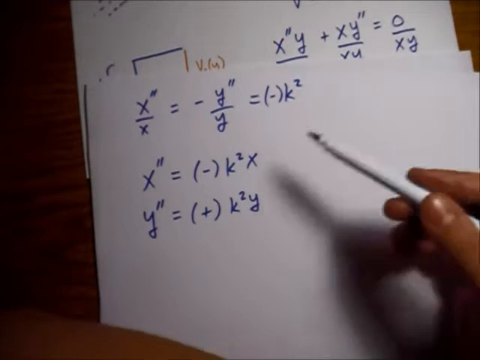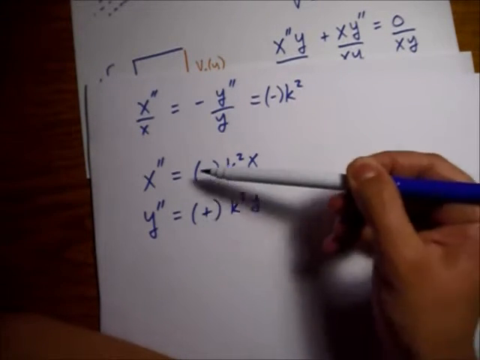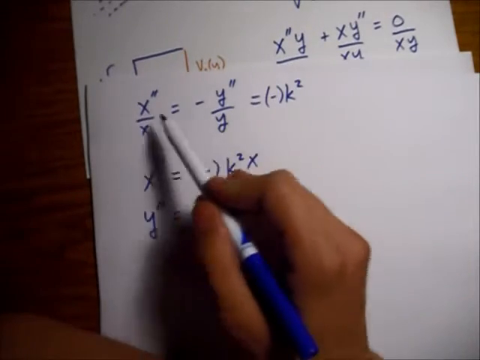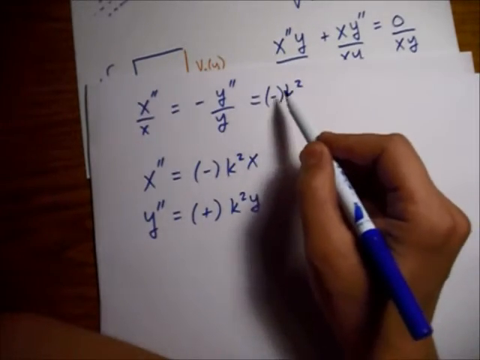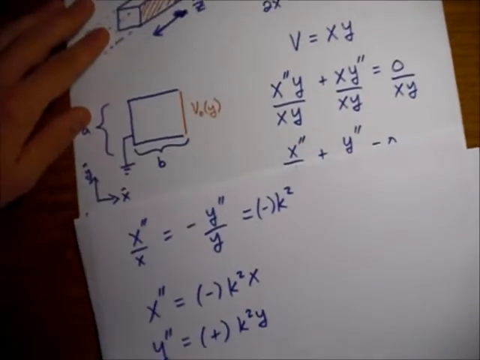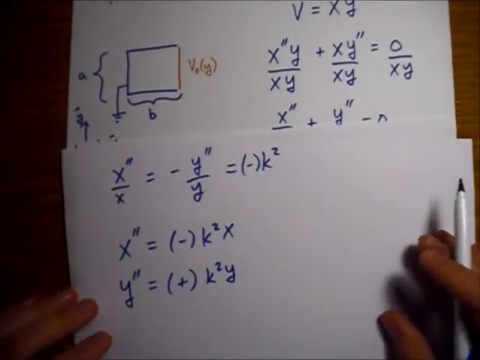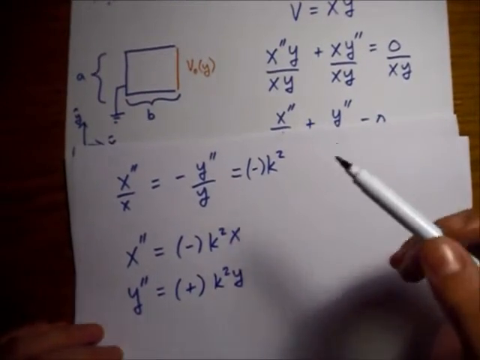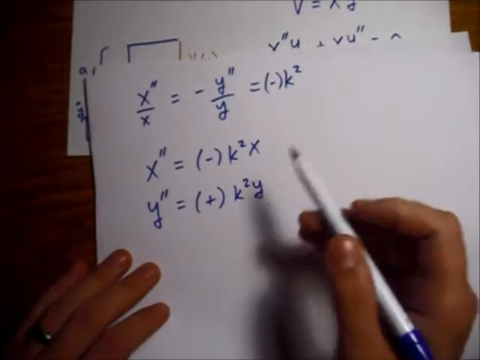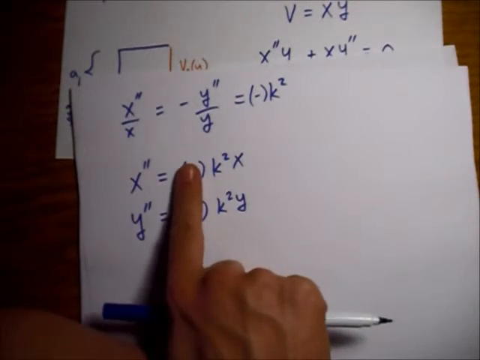But the real question is, if there's a minus sign here, there has to be a plus sign here, or vice versa. We know these are both equal to a constant, but we need to figure out whether that constant is positive or negative. The way we decide on that is our boundary conditions right here. Looking at the solutions, these are basically the same equation except for this sign.